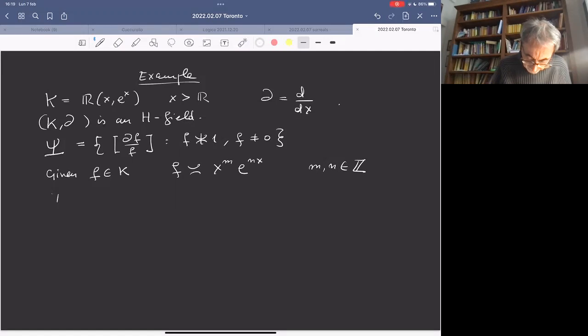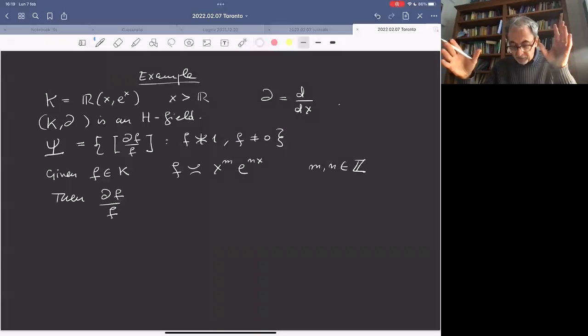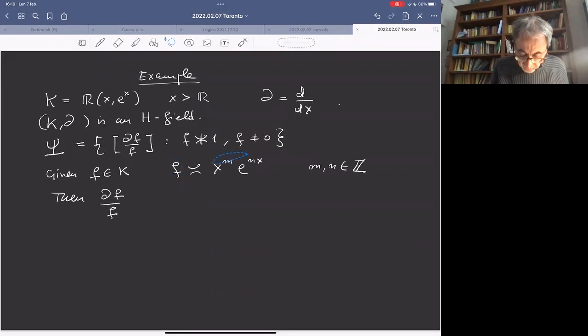Then, if you take the logarithmic derivative of f, by the properties of H fields, logarithmic derivatives respect the Archimedean classes. So if f is equivalent to this monomial, the logarithmic derivative will be equivalent to the logarithmic derivative of the monomial. So we can simplify the computations. We just need to consider the logarithmic derivative of this monomial here.